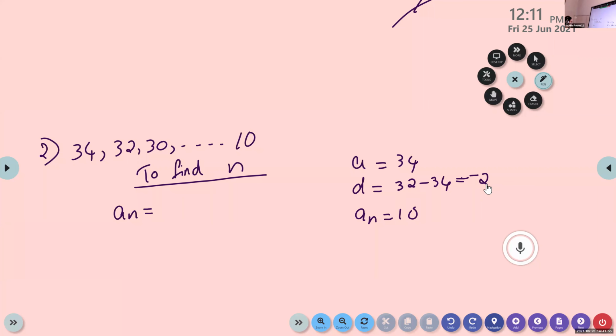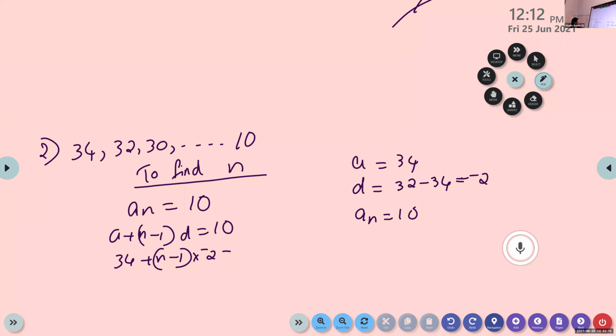Find n first. a plus n minus 1 into d equal to 10. 34 plus n minus 1 into negative 2 equal to 10. n minus 1 into negative 2 equal to 10 minus 34, that equals minus 24.